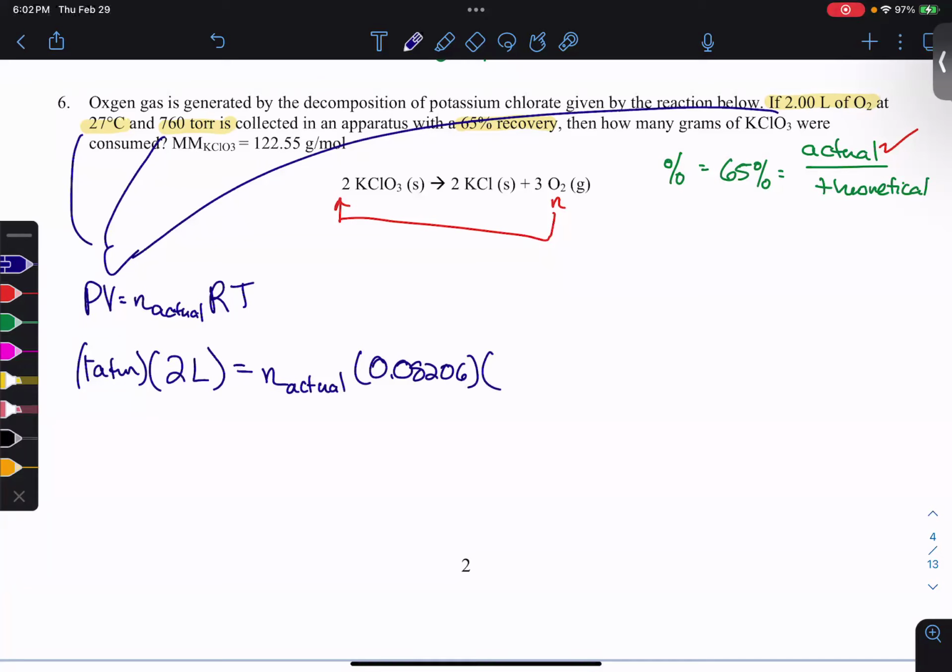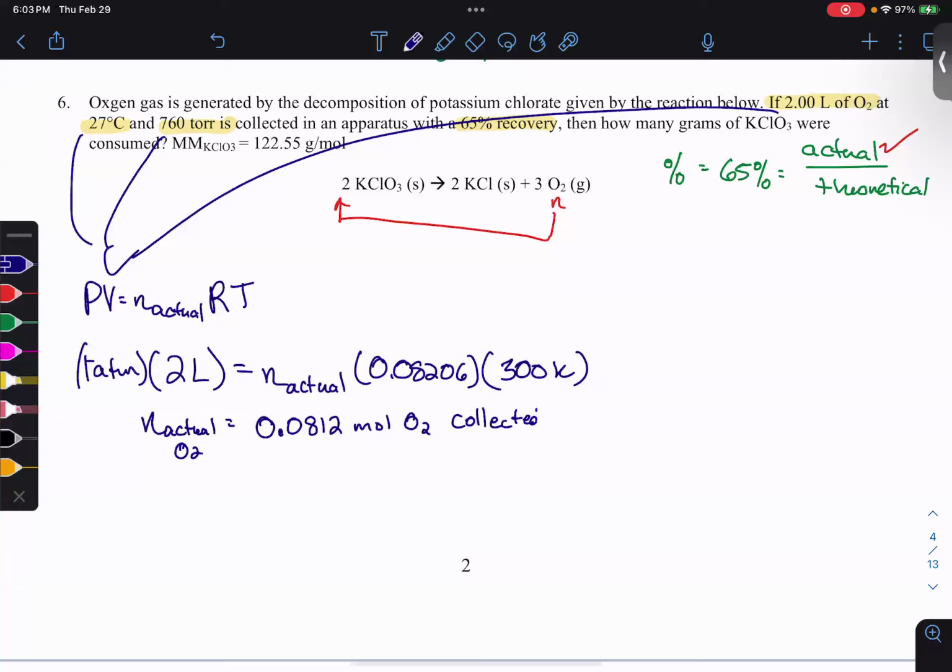Is that 300? Yes. Wow, I'm so smart. 300 Kelvin. And so we get that the actual number of moles of O2 that I collected is 0.0812 moles of O2. That was what was collected.